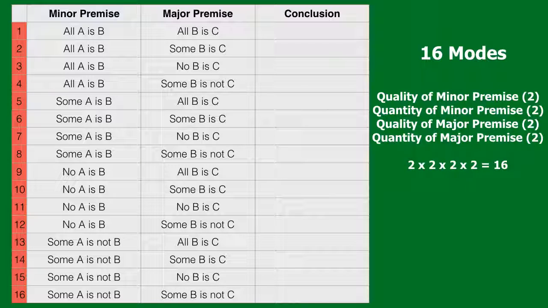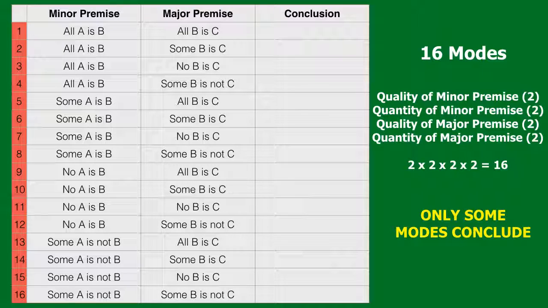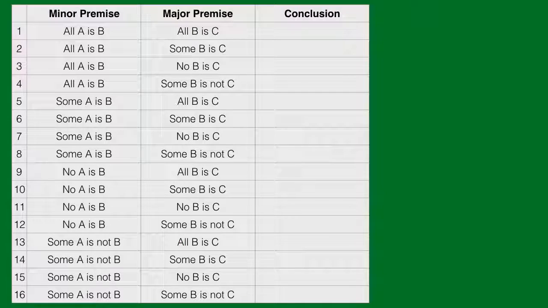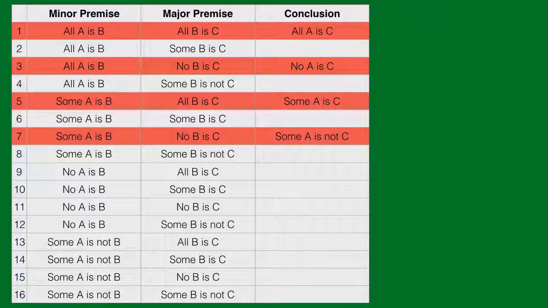We're going to look at the modes of the first figure very shortly, and we'll see that only some of the modes conclude. Not all the modes of the first figure, nor all of the modes of the other figures, conclude. And the modes of the first figure that conclude, that have a valid conclusion, are these 4 modes.